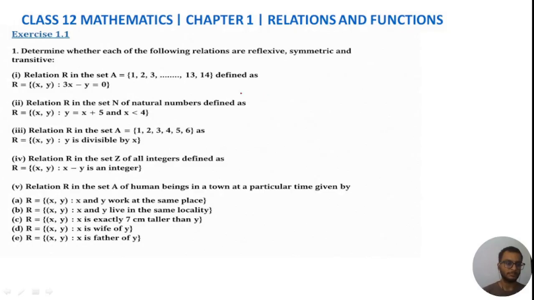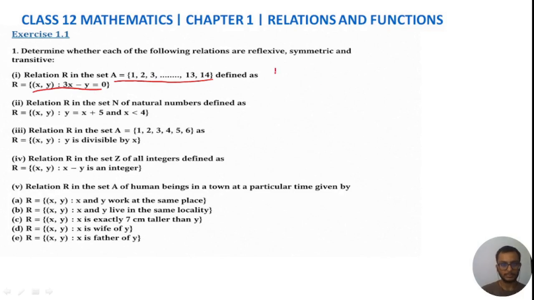Okay, so let's come back to here. In the first question, we are given one set A, a universal set having elements 1, 2, 3 up to 14, and a relation defined on set A as the pairs (x, y) such that 3x minus y is 0.